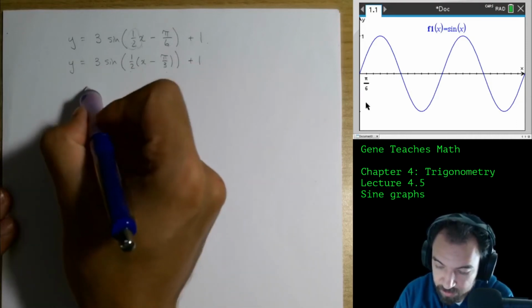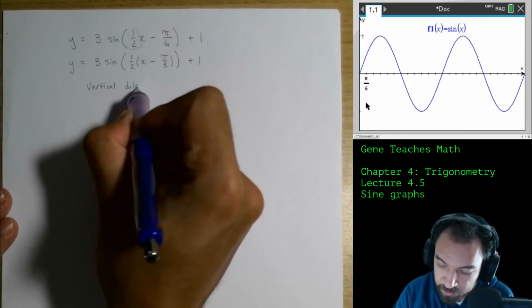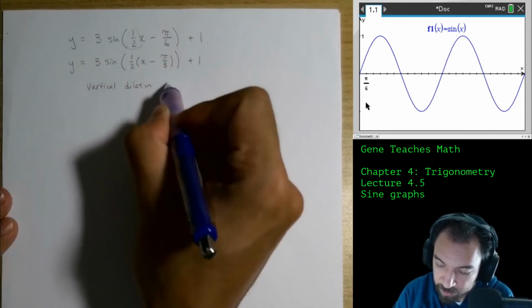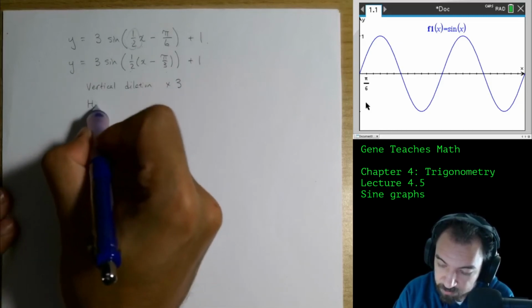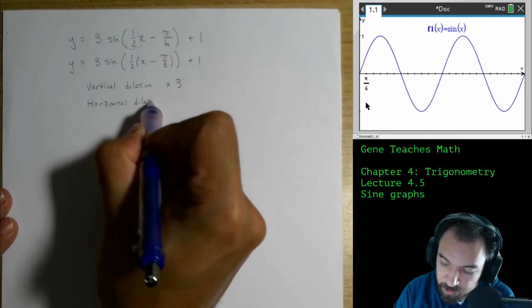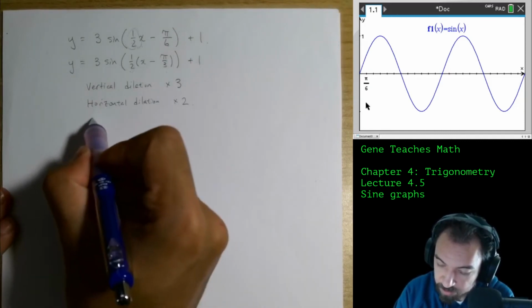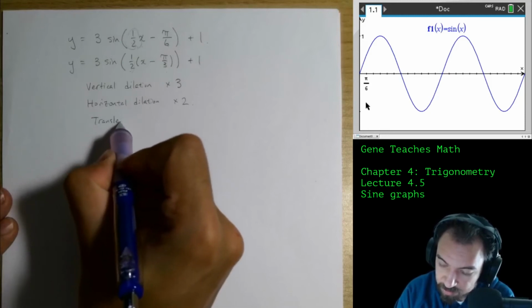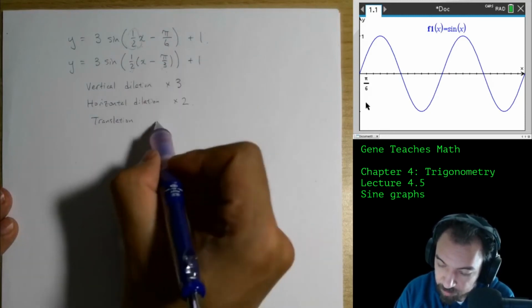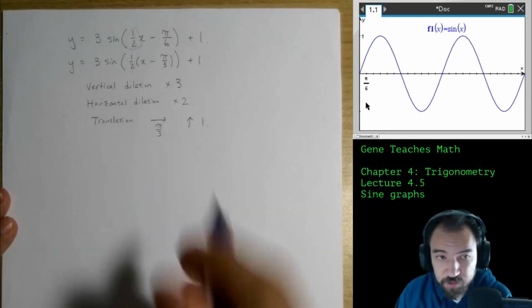So in this context, I can understand this as a graph having a vertical dilation with a factor of 3. And the horizontal dilation is going to be the reciprocal of this value right here, so it's going to be times 2. And then we're going to have a translation, so it shifts to the right by pi over 3 units, and then up by 1 unit.